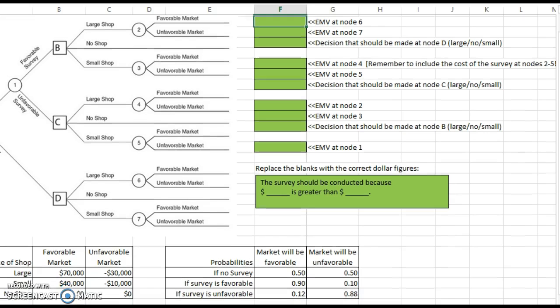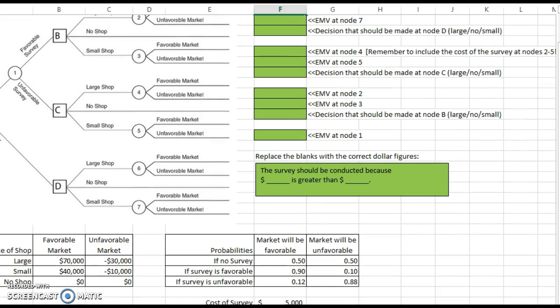And so remember, we've got information down here, and that tells you the values you would get from a large or small shop if it's favorable or unfavorable. So we've got that information about large, small, and no shop for a favorable market, and large, small, and no shop for an unfavorable market. We've also got probabilities over here.